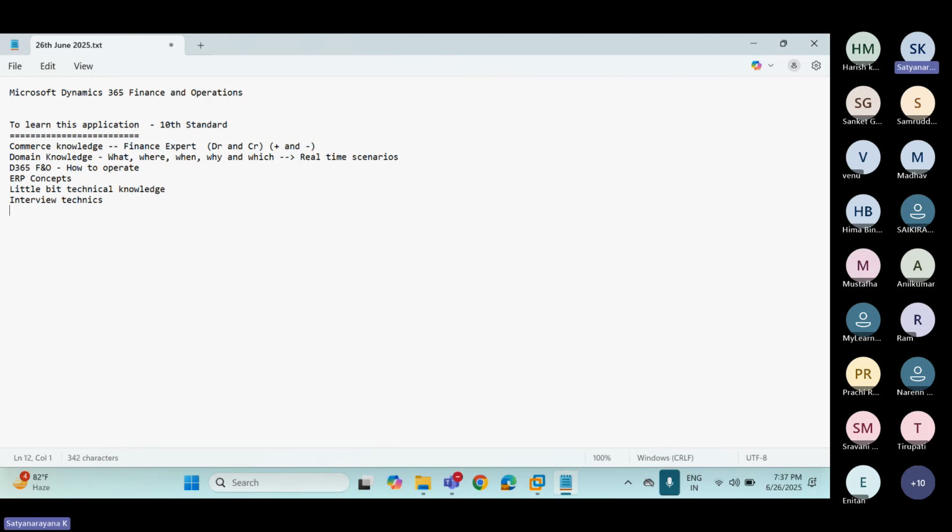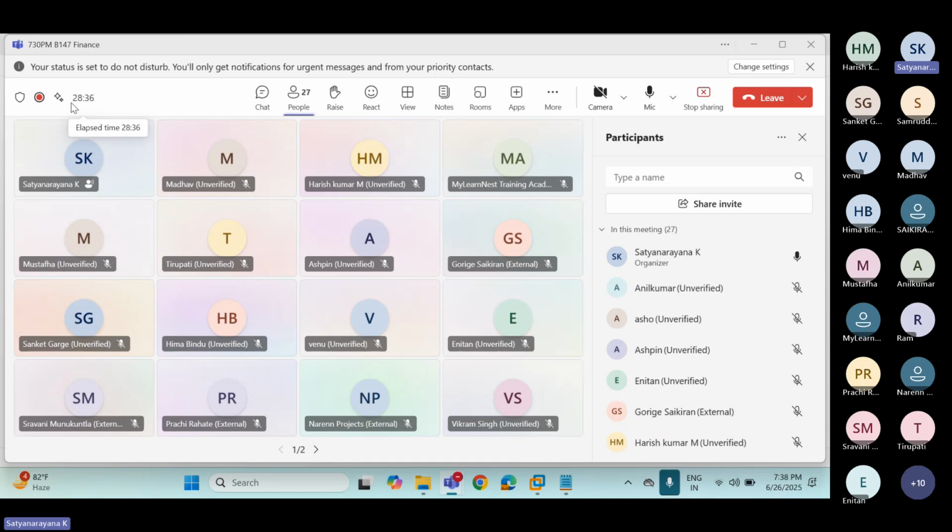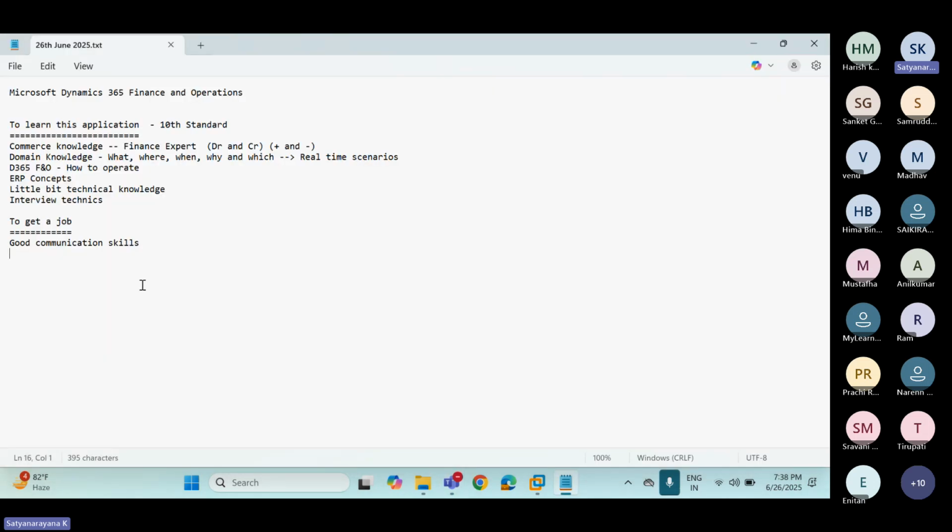Okay, but if you want to get a job, then companies will look for good communication skills, because whatever you learned, you should be able to speak and explain the subject, whatever you understand, through English. So if you are not an expert in English, you need to join spoken English classes and you need to learn.